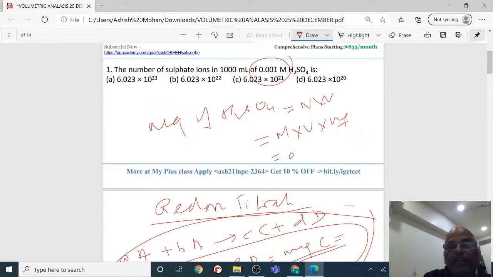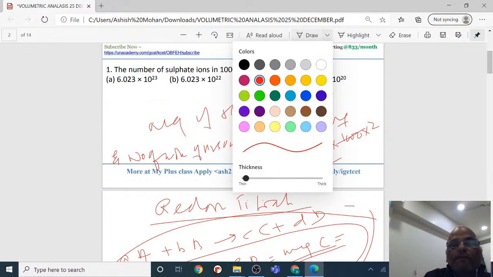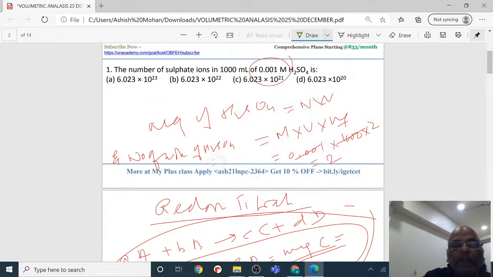Molarity is how much? 0.1. Volume is 100 ml, n factor is 2, so that is going to be 20. Milli equivalent of H2SO4 is 20. Number of moles of H2SO4 is milli equivalent divided by n factor, 20 divided by 2, so 10 millimoles.